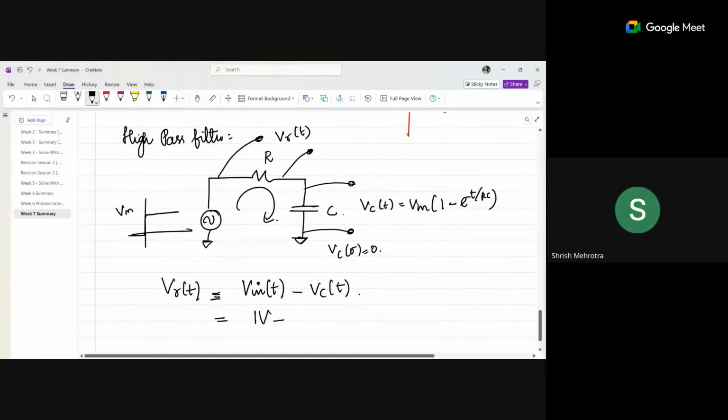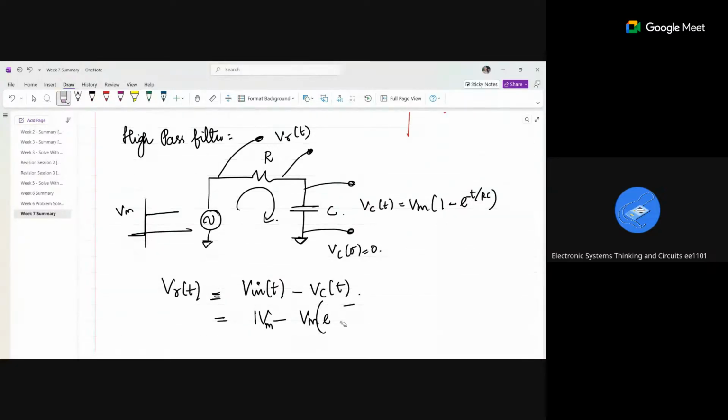It is the case of a step input, no? Yes. So it's basically Vm (1 minus e power minus t by RC).